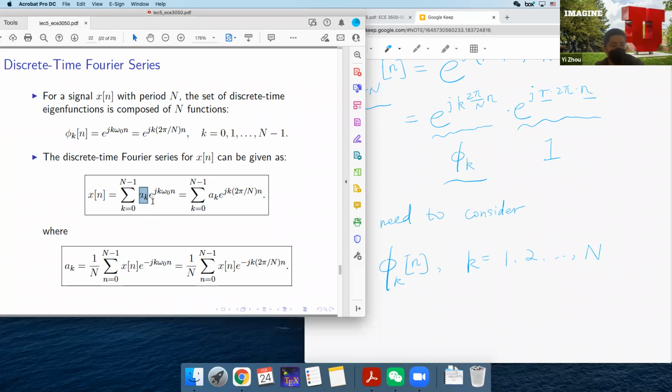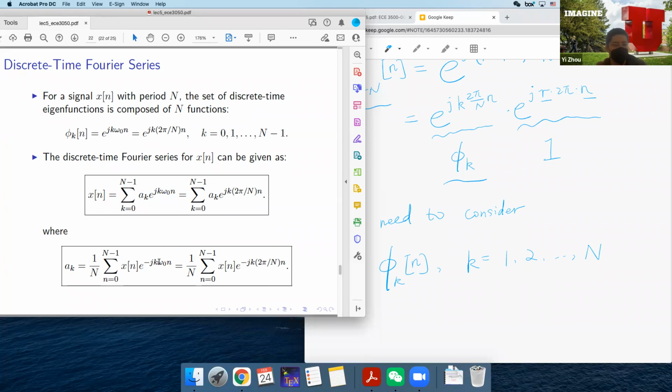But the only difference is that now we only have a finite number of these basis functions, so k ranges from 0 to capital N minus 1. Now, recall that in the continuous time case, this k ranges from negative infinity to positive infinity. So here we only need a finite number of them.